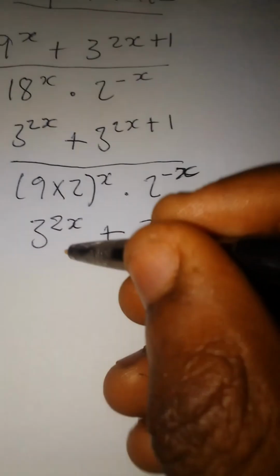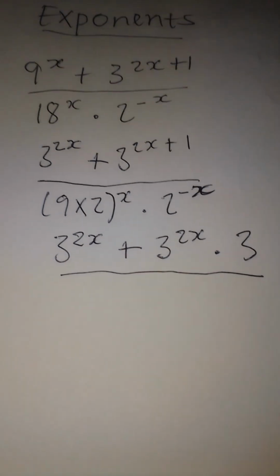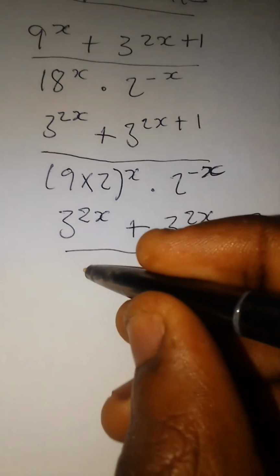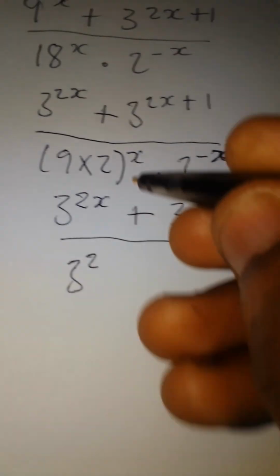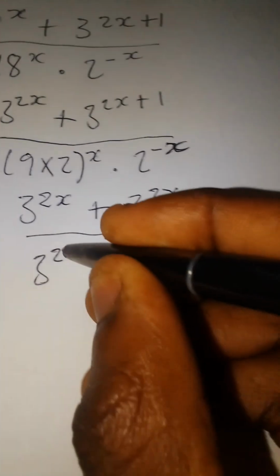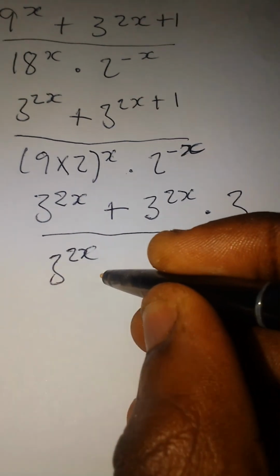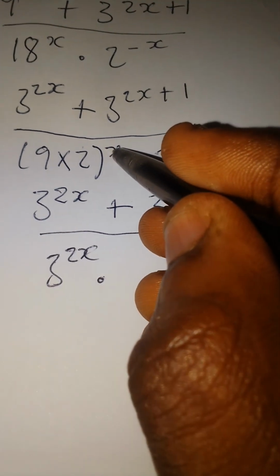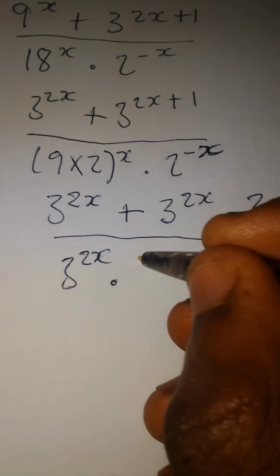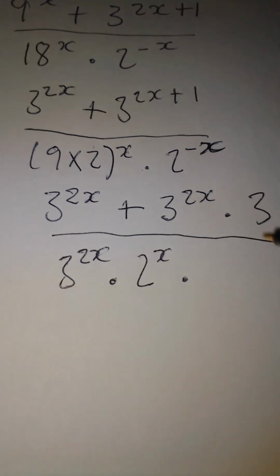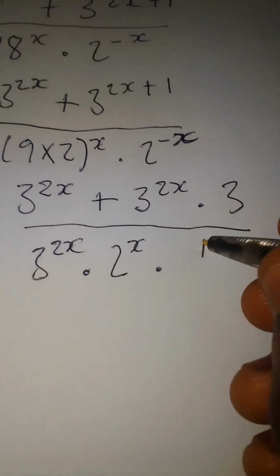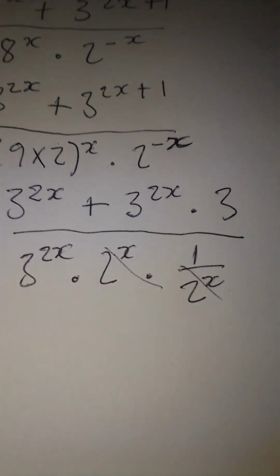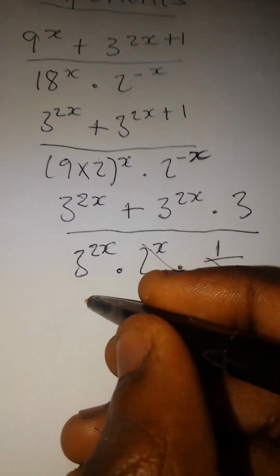Now divided, I change this one to 3 to the power of 2 times x, which gives 2x, and then times 2 to the power of 1 times x, which gives 2 to the power x, times, I change this one, this is the same as 1 over 2 to the power x. These two cancel each other. What do I remain with?